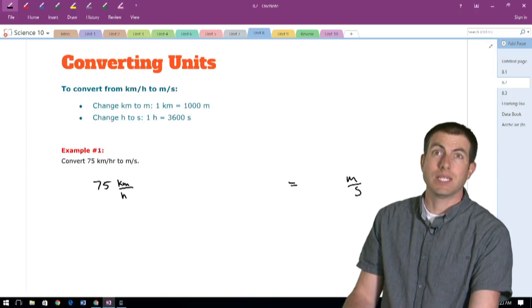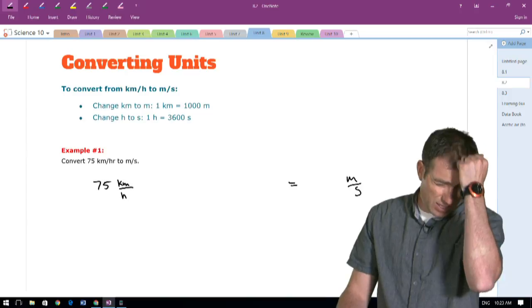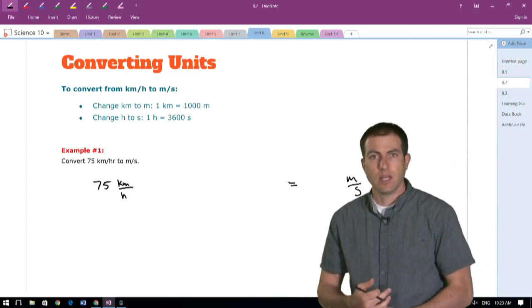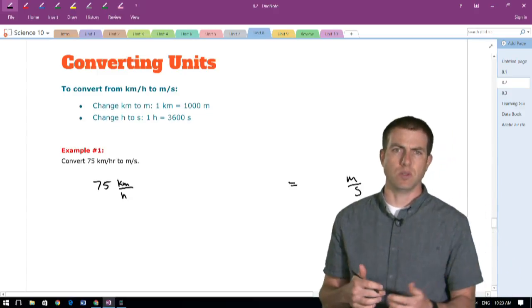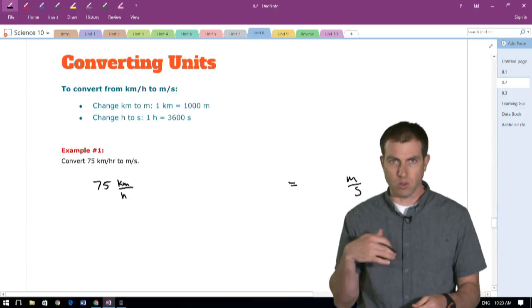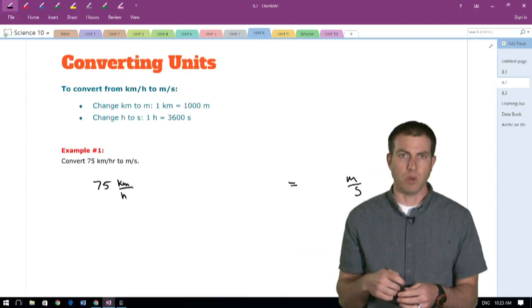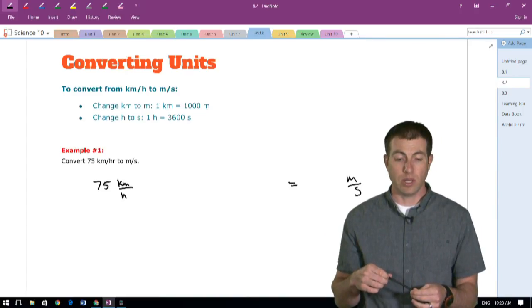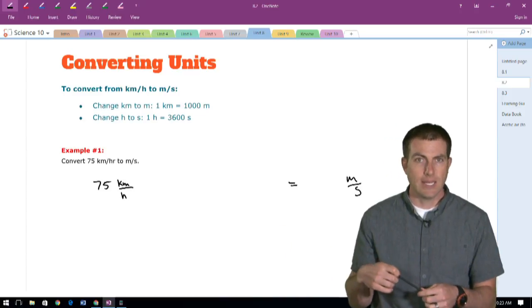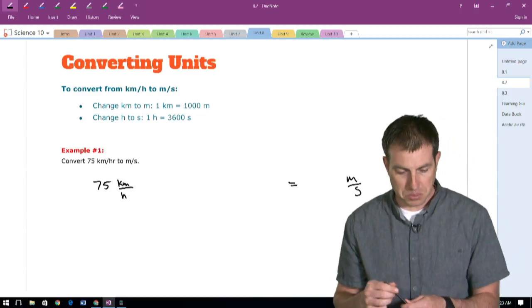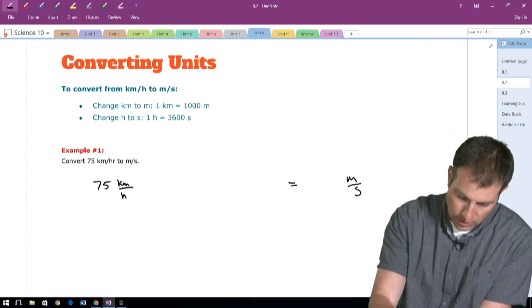Because I think it's easy to think in terms of units, we're going to treat our units kind of like numbers, and we're going to cancel them out and try to end up with the units that we want. So we're starting with kilometers and hours, and we want to end up with meters and seconds.